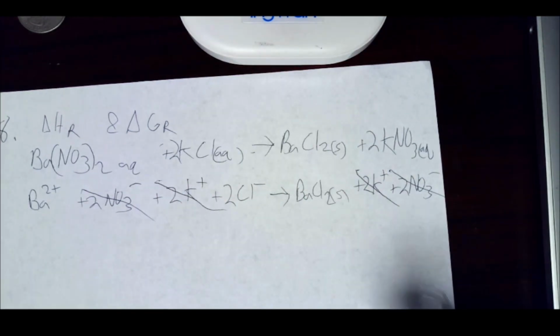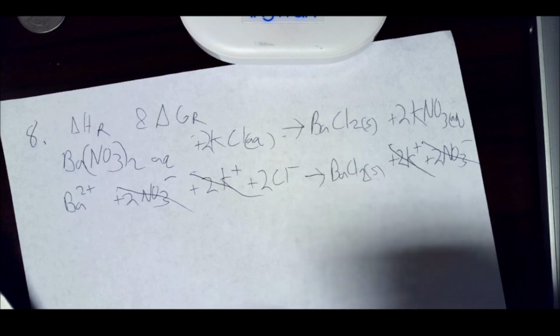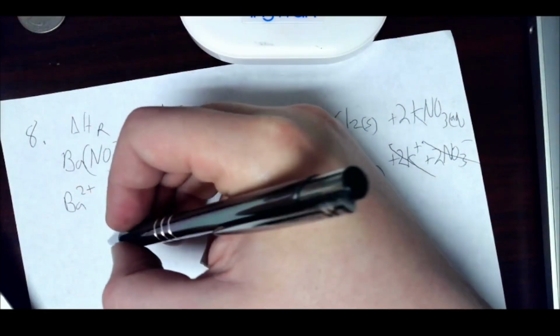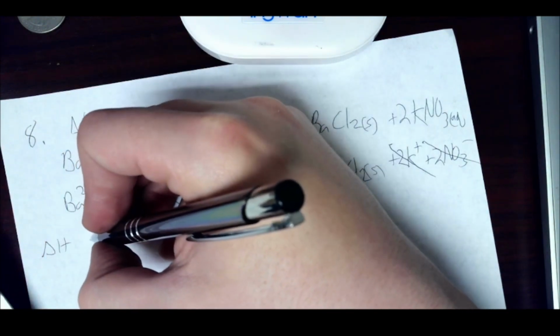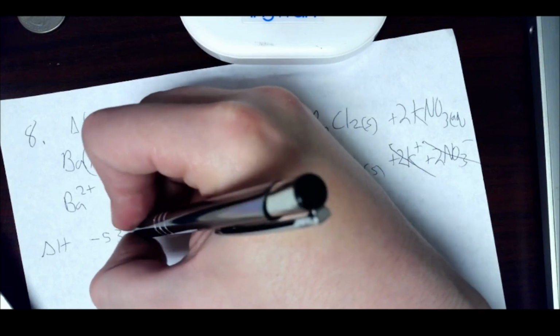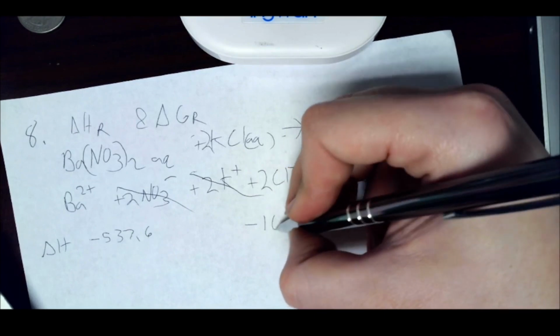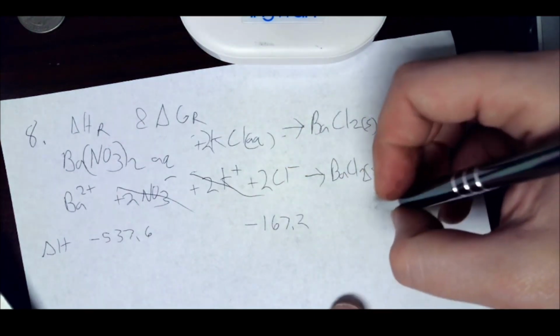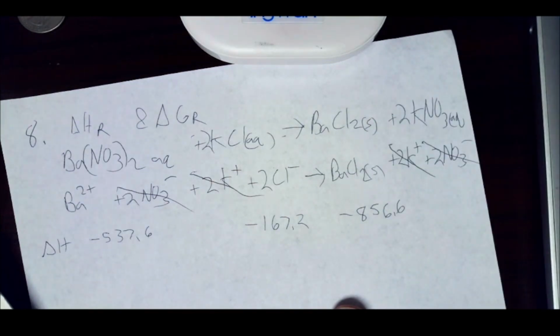So we look up the values in the back of the book. Depending on which book you use and which version of the book depends on what numbers you get. The numbers from the current edition have the delta H of my barium 2 plus negative 537.6, my chloride negative 167.2, and my barium chloride negative 856.6.